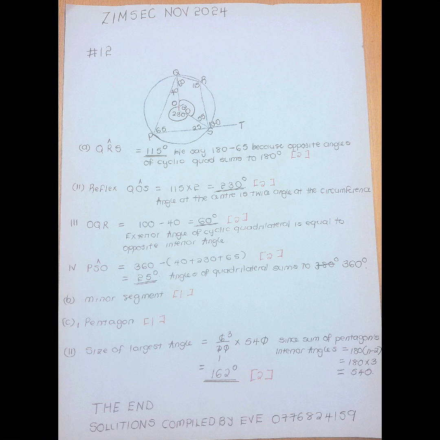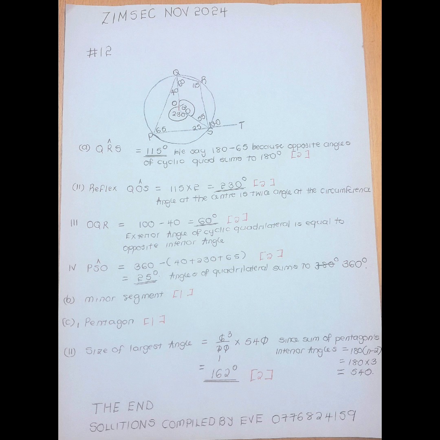And then part B, state the name given to the region enclosed by chord PQ and the minor arc. It is known as a minor segment. And then the interior angles of a polygon are in the ratio 2:3:4:5:6. State the name of the polygon. It is a pentagon. Size of the largest angle: you first need to find the sum of interior angles of a pentagon.